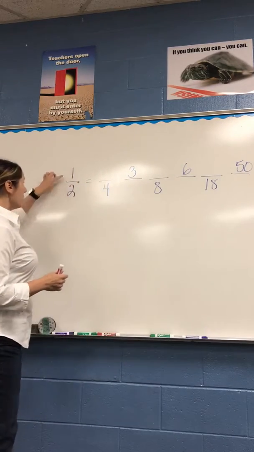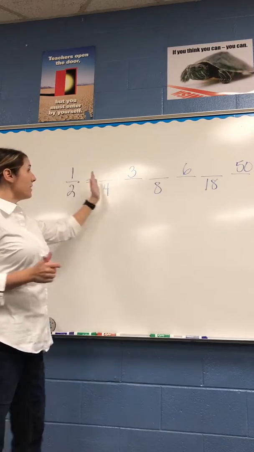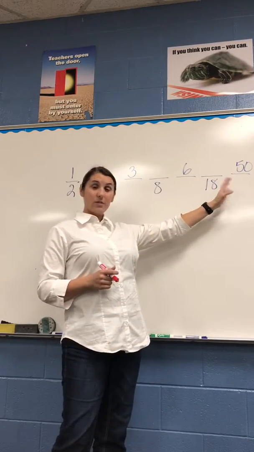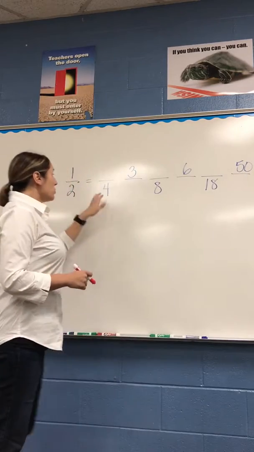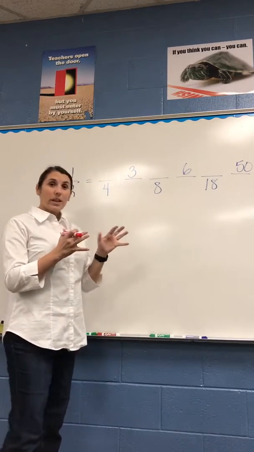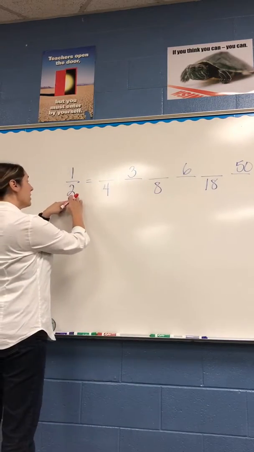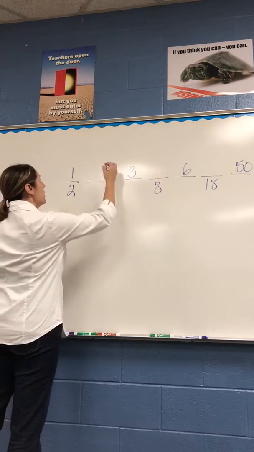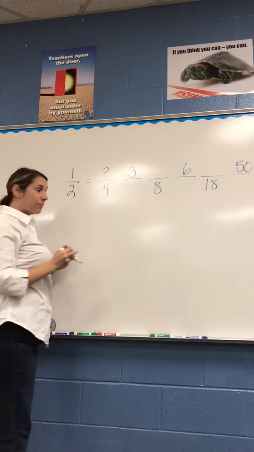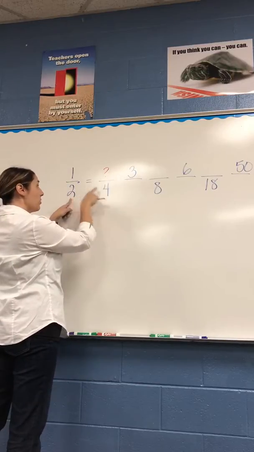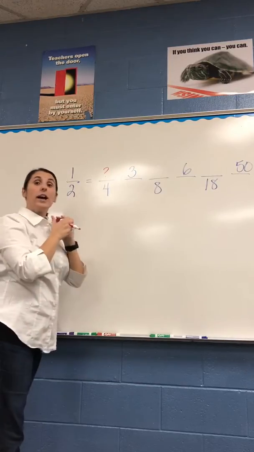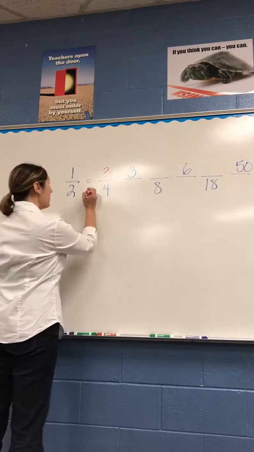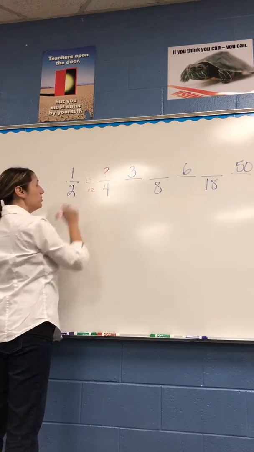So here I have 1/2. I have to make it equal to all of these other fractions over here. So when I do this, each one is a little bit like a puzzle, okay? Here I know I have a 2 and a 4, okay? I'm looking for this number right here. Well, I know for it to go from a 2 to a 4, I had to multiply by something, right? This one, I had to multiply by 2 to get there.